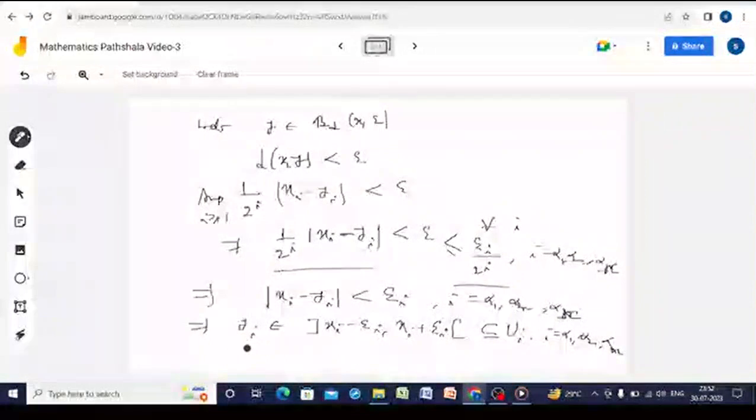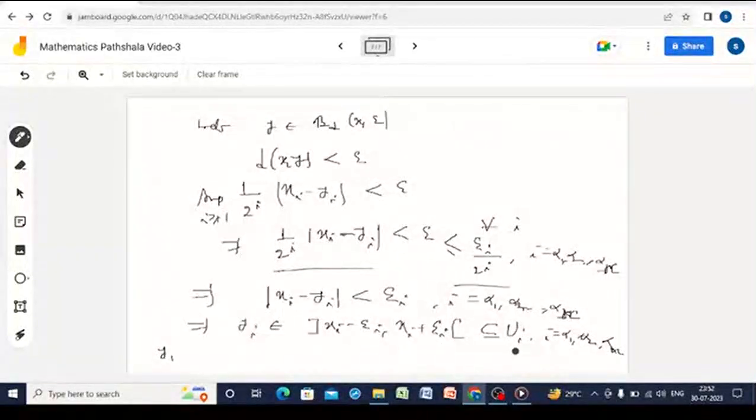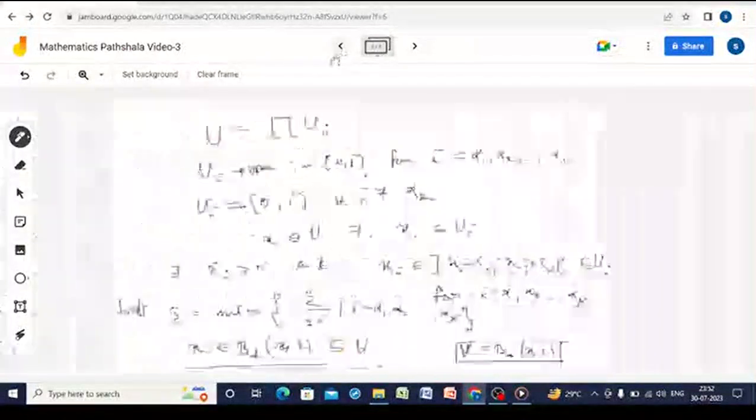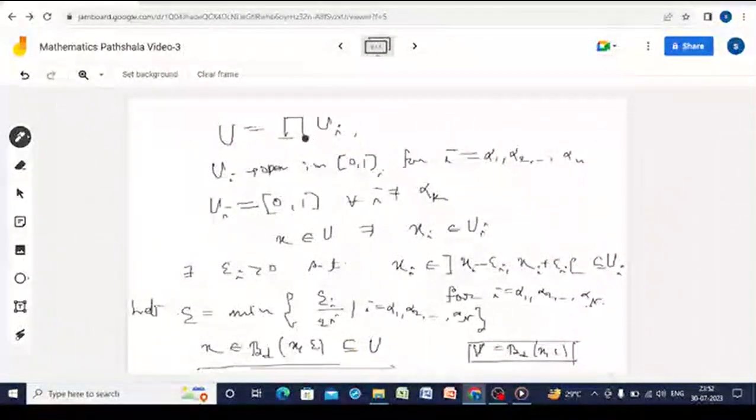And see, now here our yi belongs to this Ui for i equal to alpha 1, alpha 2, ..., alpha n. So our y alpha 1 belongs to our U alpha 1, our y alpha 2 belongs to our U alpha 2, and so on, our y alpha n belongs to our U alpha n. And see, in the definition of our U, when i is not of the form alpha i, then the other Ui equal the closed interval [0,1].